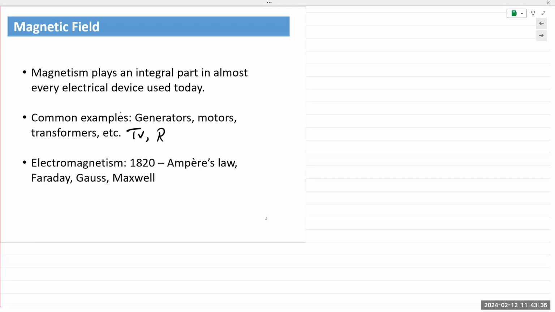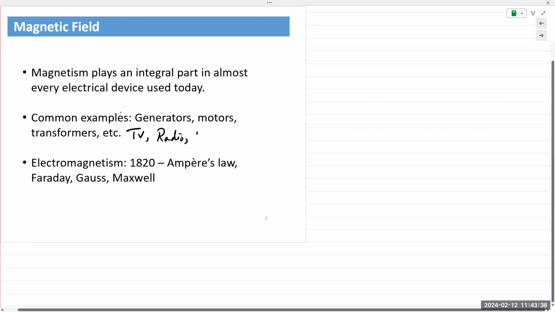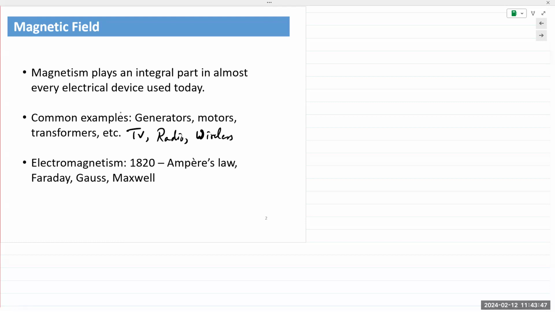I'll add TV, radio, any sort of wireless communication, all employs the principles of electromagnetism. Now, research into electromagnetism took place over several centuries, but the known records go back just a couple of centuries.